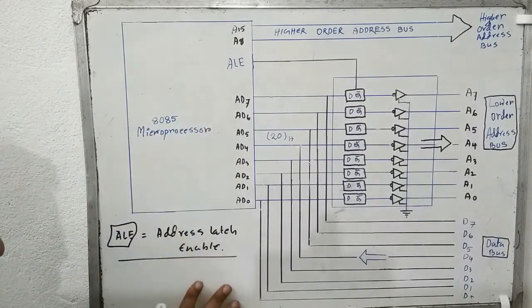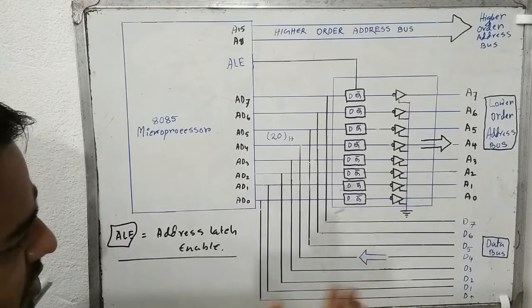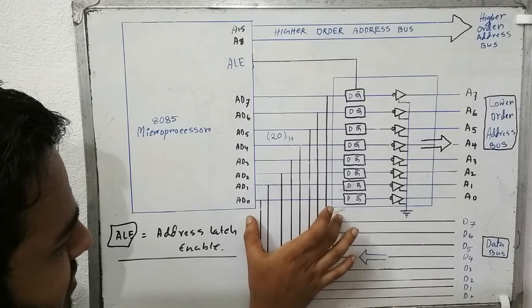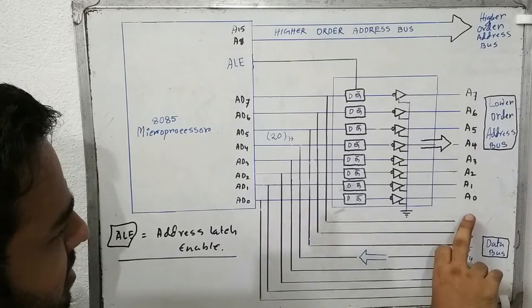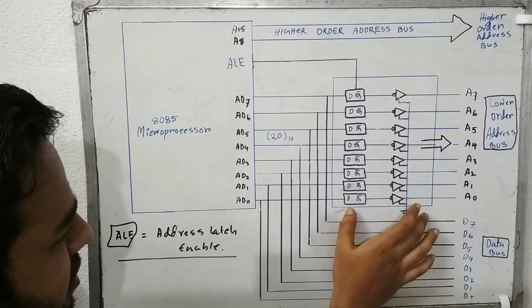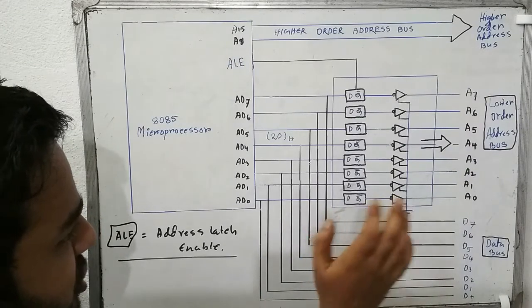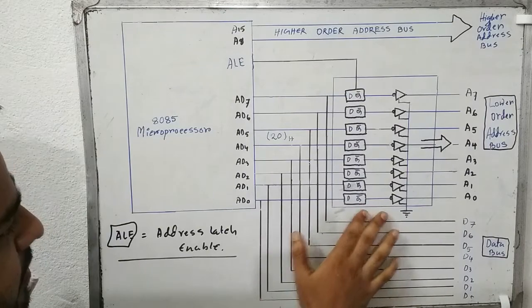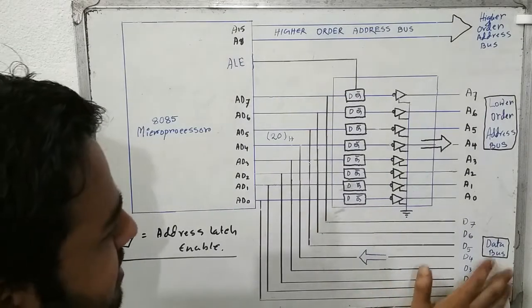I have depicted a picture here, and it shows how the microprocessor achieves the time multiplexing between the data bus and the address bus. This circuit really helps to achieve that conversion. As you can see, this is the data bus, an 8-bit data line.